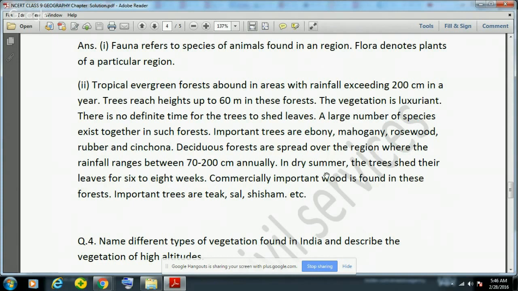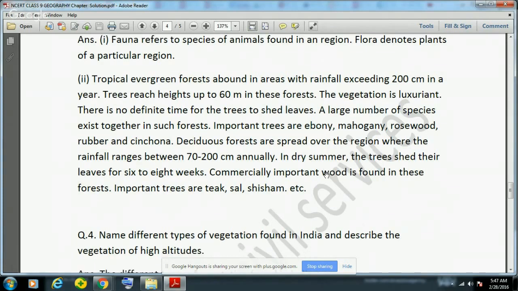In the dry summer, the trees in the tropical deciduous forest shed their leaves for 6 to 8 weeks for the conservation of water. Commercially important wood is found in these forests, like teak, sal, and shisham.